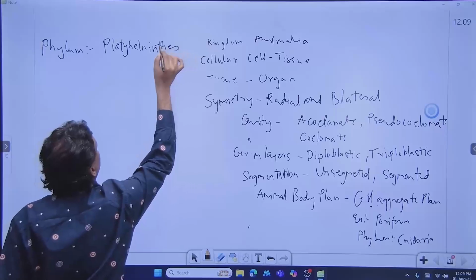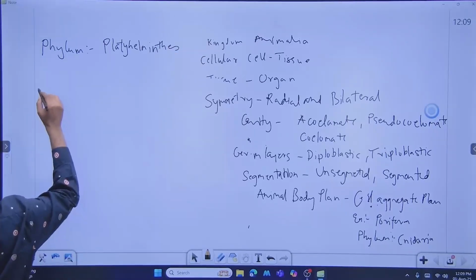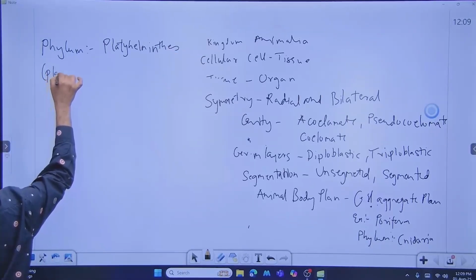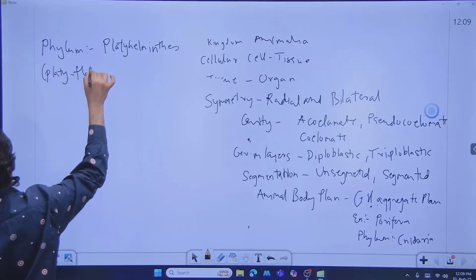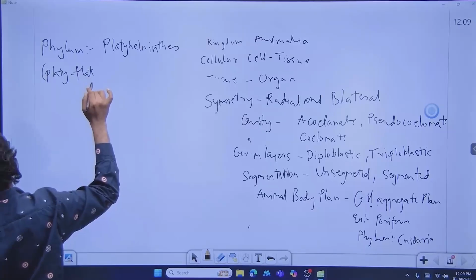Phylum Platyhelminthes. Tapeworm is an example. Planaria and Taenia.